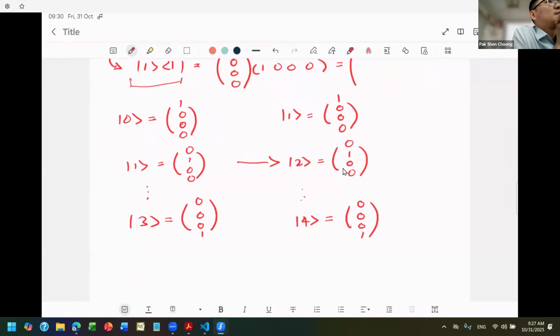The very good thing about using this representation is that if you let your QFT act on your X, you can just write everything.